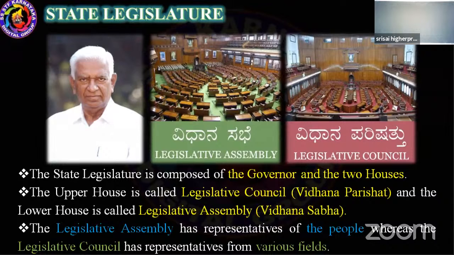One will be appointed by the governor as a representative of the Anglo-Indian community. In the legislative council, 64 members are elected by the MLAs and members of the Jilla Panchayat, Taluk Panchayat and Gram Panchayat, and the remaining 11 are appointed by the governor.